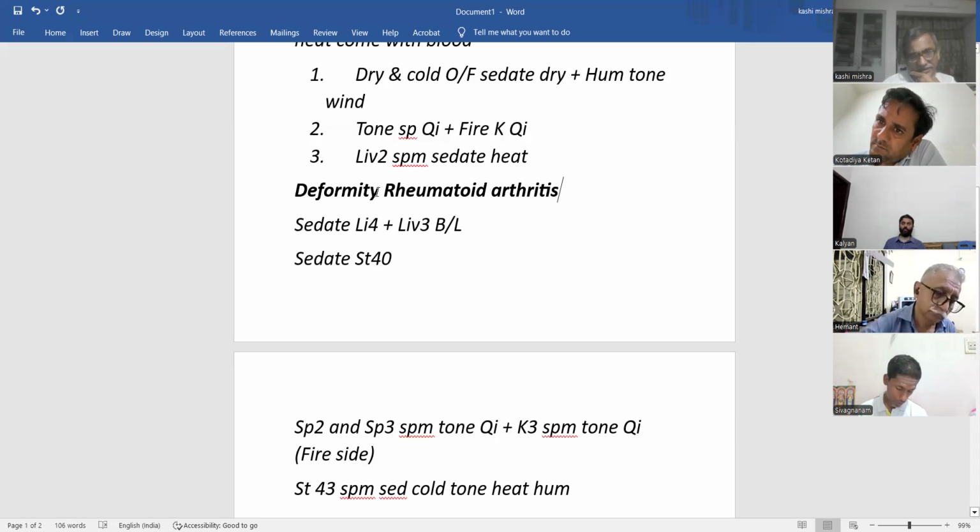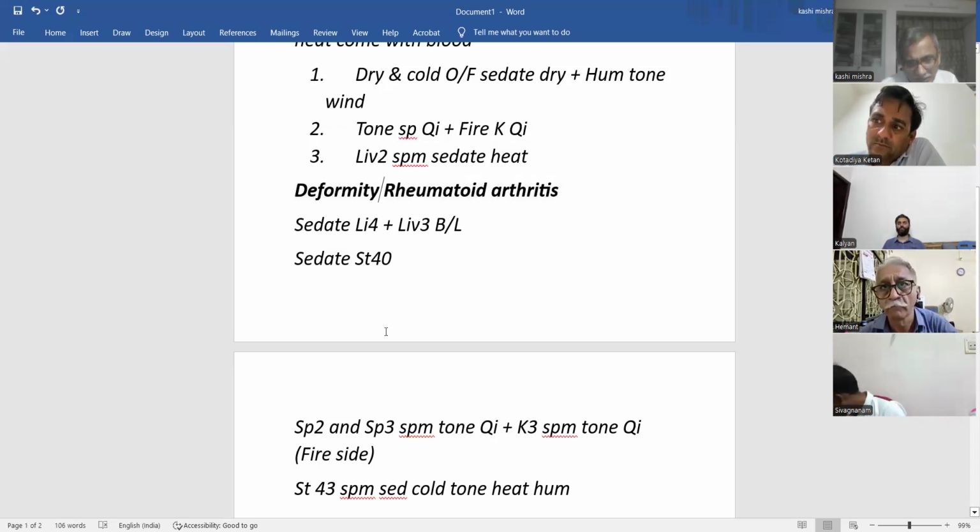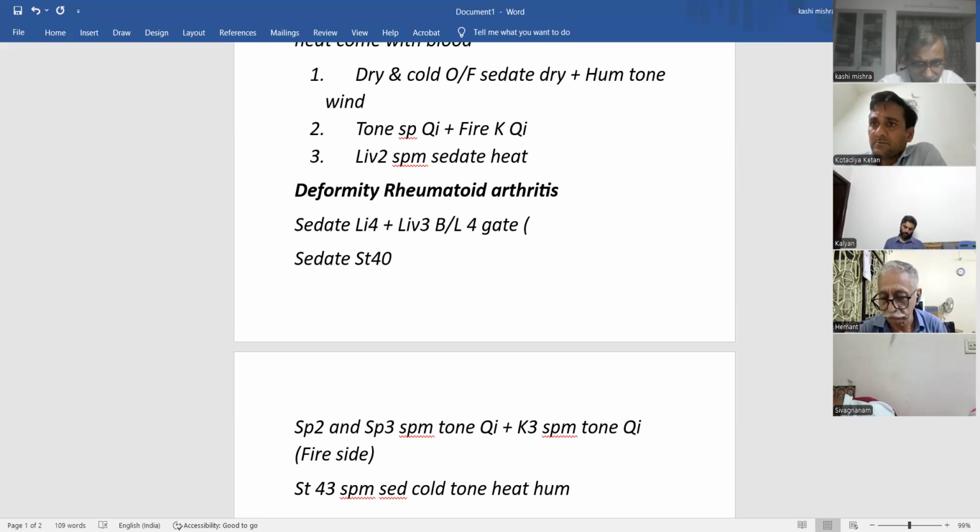LI4 और लीवर 3 को सीडेट किया है. ये गेट्स हैं भाई. 4 गेट्स. हाँ समझ गए.